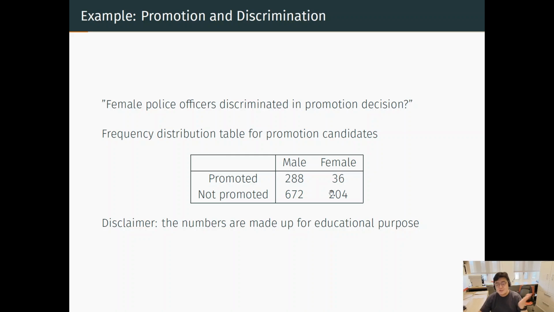So these are just the numbers of results, their gender and their promotion results among the promotion candidates. And of course, these numbers are purely made up, right? It's not like gender studies or political science, not sociology. It's purely statistics, okay?